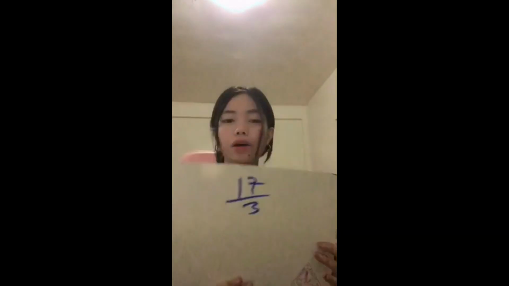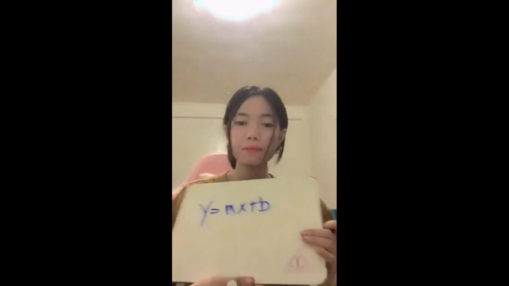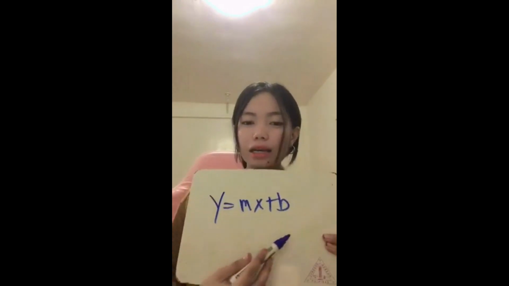Or the y-intercept is 17/3. And this one is the y-intercept. So the equation of the line in slope-intercept form is y equals mx plus b, where m is the slope and b is the y-intercept.